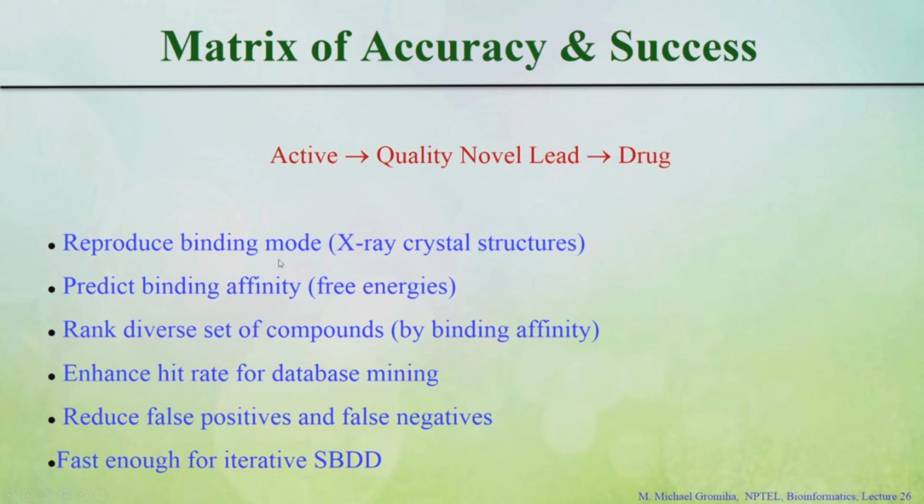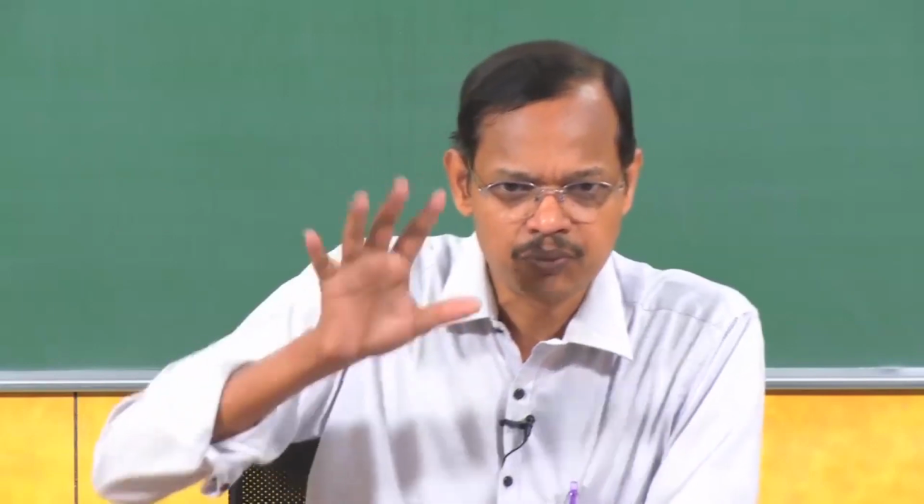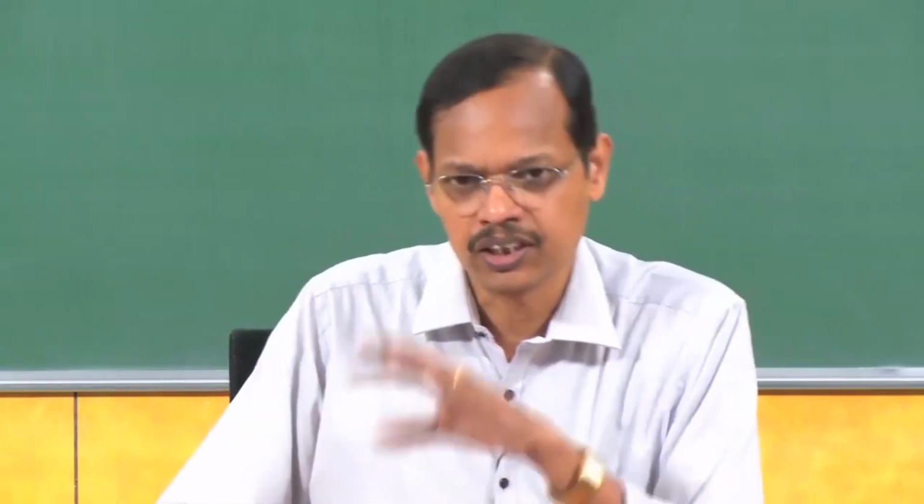So, you have to reproduce the binding mode, predict the binding affinity and rank the diverse compounds. Then we get the hit rate by database mining. Then we have to reduce false positives and false negatives, and it should be fast to get this structure based drug design. So, there are various steps you need to do for screening the compounds from the pool of compounds to identify a lead like molecule.